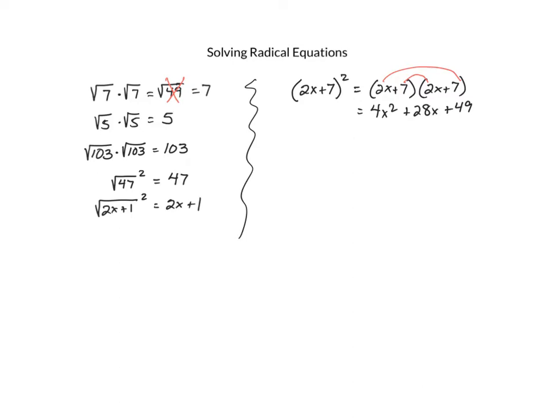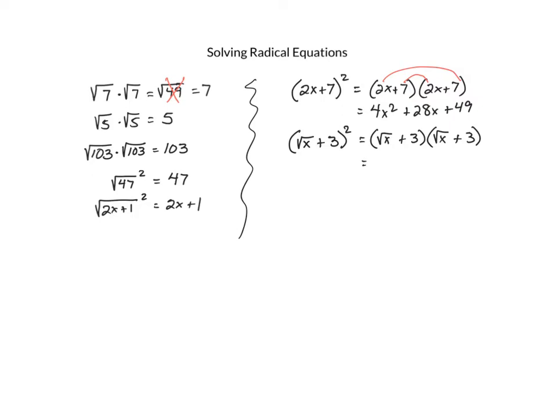So let's look at an expression like this, the square root of x plus 3 squared. And notice that x plus 3 is not underneath the radical sign. So that's really the square root of x plus 3 times the square root of x plus 3. And we multiply that out much like I did the binomials in the previous problem.